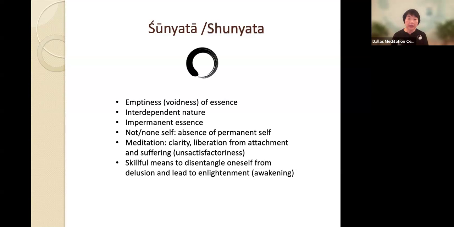When we do meditation, we want to have clarity of the interconnectedness and the impermanent nature of existence. The impermanent nature of things can sometimes sound kind of disappointing, but it can also sound very helpful.